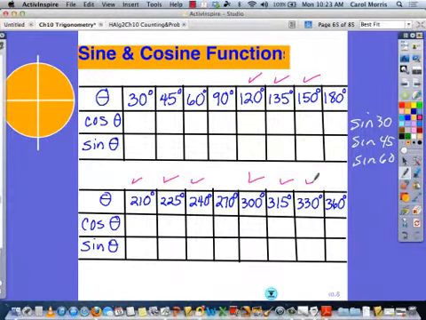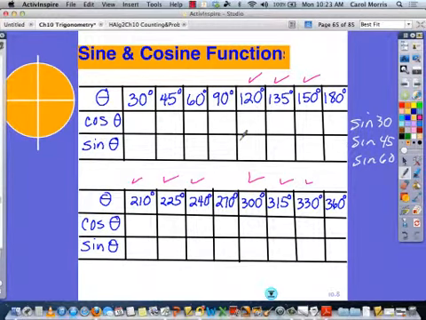So you should be able to go through right now, and I'm going to give you a few seconds, to give me every single sine, cosine between 0 and 360 that you should know exactly by now. Again, no calculator. So I'll give you a second to do that.